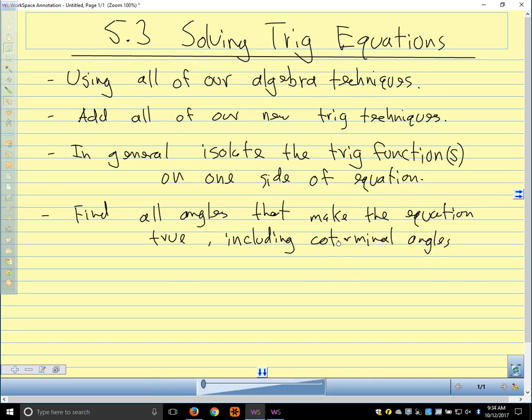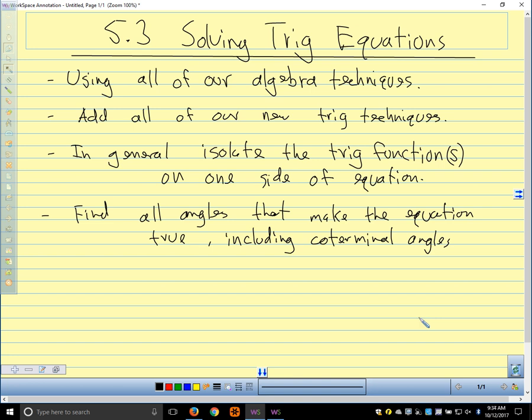So that's one thing that is definitely different about trig equations than most algebra equations. With algebra equations, we might get one or two solutions. With trig equations, all the coterminal angles are going to be solutions. So every time we go around the circle another time and get back to the same place, we get a new solution.